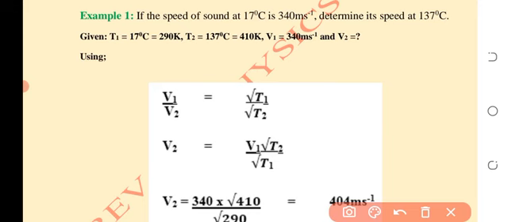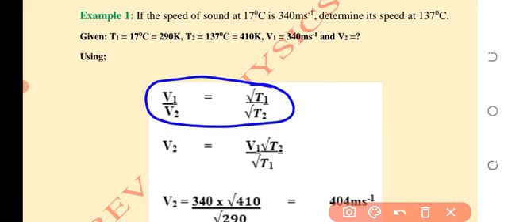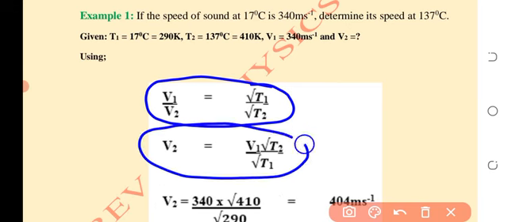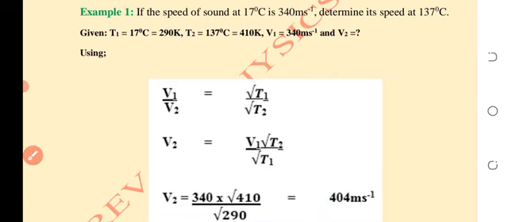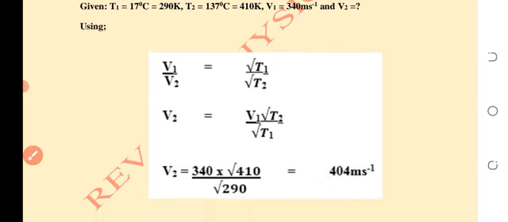Okay, now fitting all these parameters given in this question into this equation, we can make our V2 the subject of the formula, since we are looking for our V2. Now, inserting the values of the other parameters, we have the value of our V1, which is 340 from the question, and T2 is 410, and our T1 is 290.